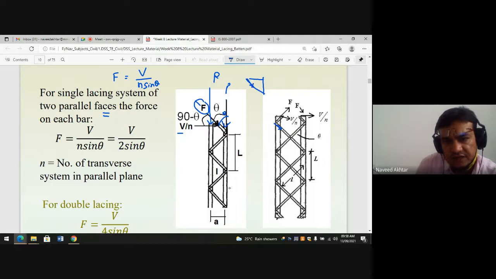This is the F. This angle we call theta. This is the P. So sin theta, if we look here, is opposite upon hypotenuse. So opposite is V upon N.